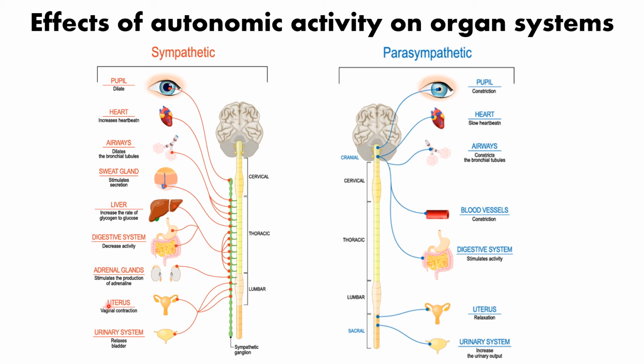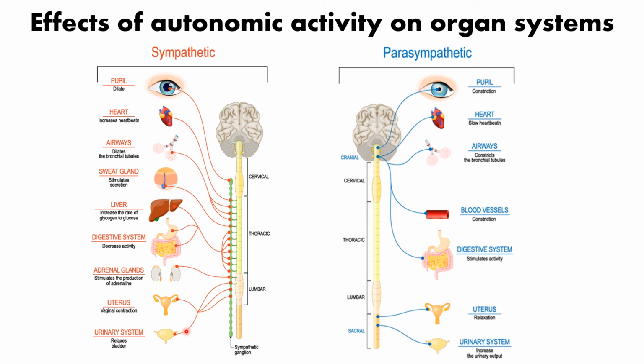So moving on to the urinary system. There's two things to this, guys. During the parasympathetic response, the actual smooth muscle wall of the bladder relaxes, right? But the sphincter muscle constricts, holding the urine in.